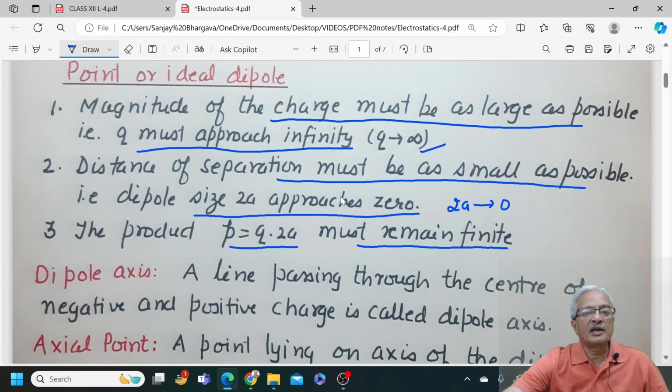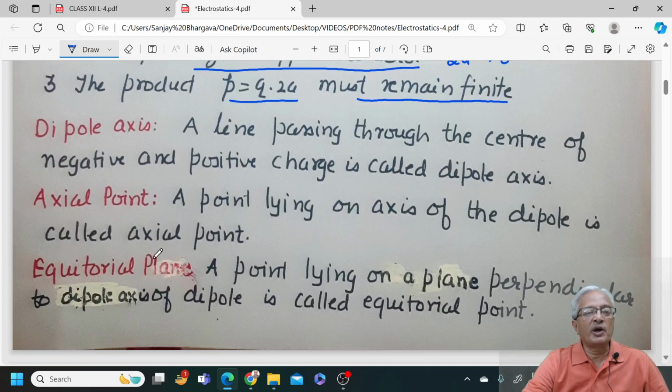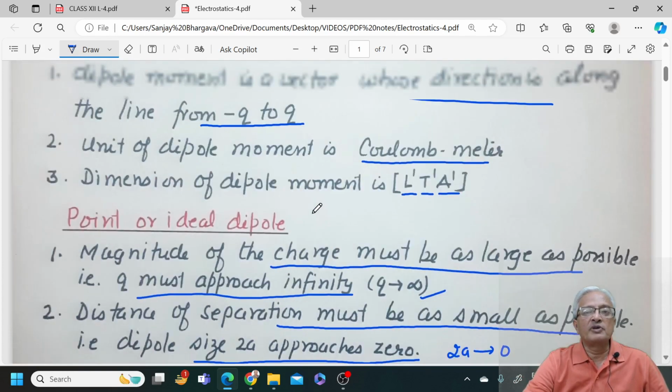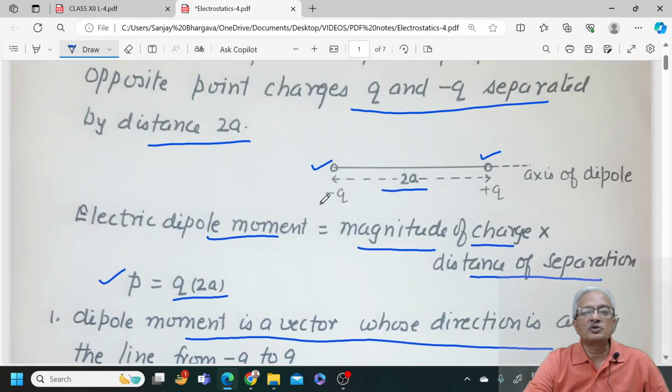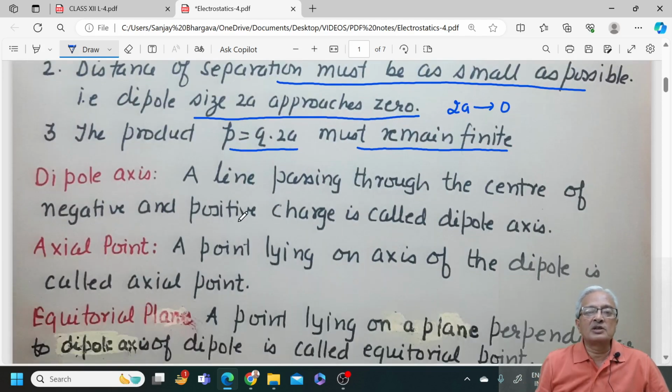To calculate the electric field, we need to define what the dipole axis, axial point and equatorial plane are. We can imagine a straight line passing through the centers of the negative and positive charge, which is called the axis of the dipole, and a point of observation lying on the axis of the dipole is called an axial point. So a line passing through the center of the negative and positive charge is called the dipole axis.